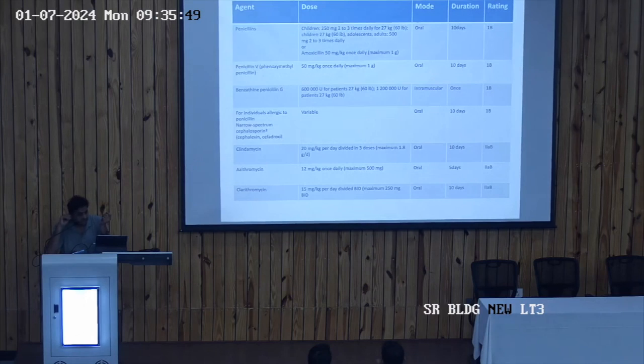Benzathine penicillin should be given as 60,000 or 1.2 lakh units intramuscularly once. For individuals allergic to penicillin, cephalosporin such as cefadroxil can be given; the usually safe drug in children is cefadroxil. Then clindamycin can be given; azithromycin and clarithromycin are used nowadays.